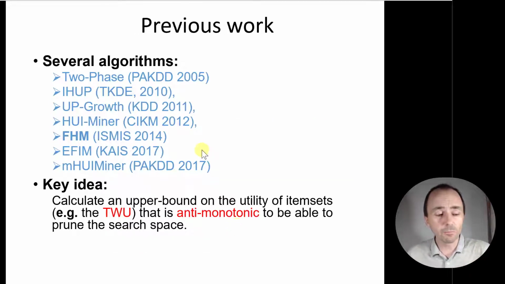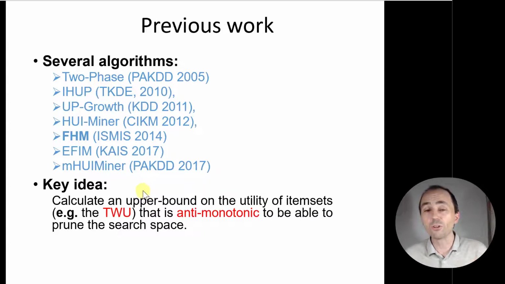Now, to solve the problem of high-utility item set mining, there are several algorithms like two-phase, UP-Growth, FHM, and others. The main idea for these algorithms is that they use some upper bound on the utility that is anti-monotonic to reduce the search and find the solution.